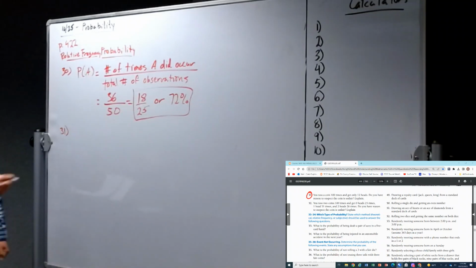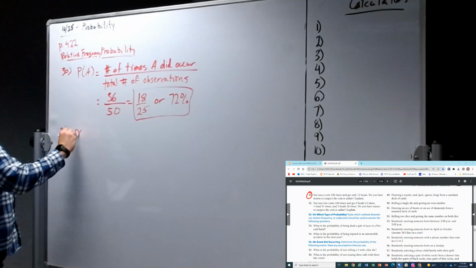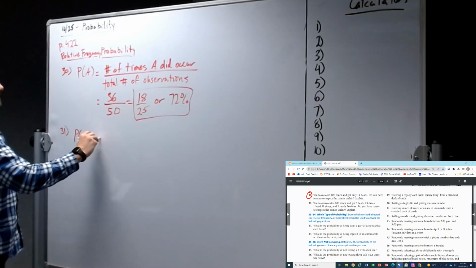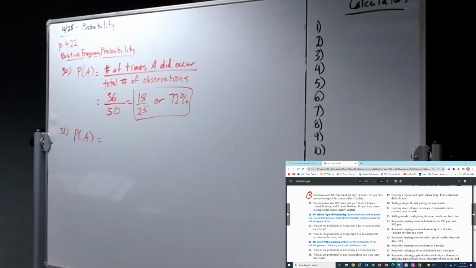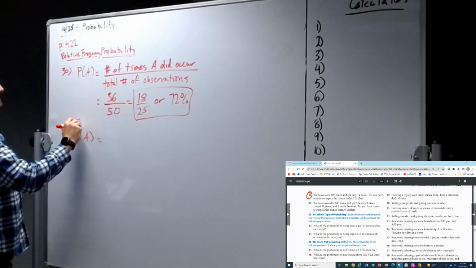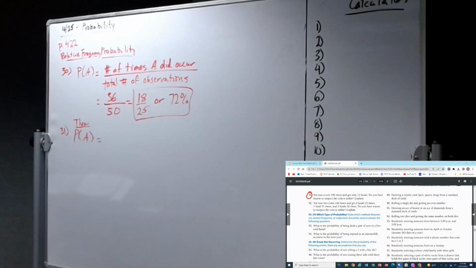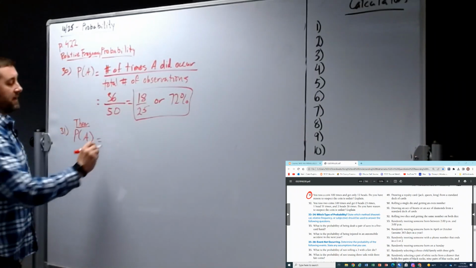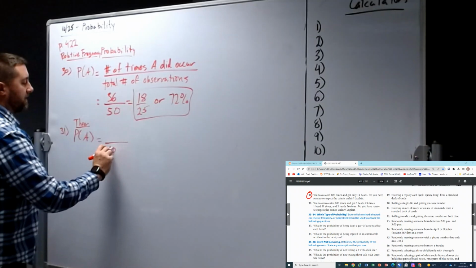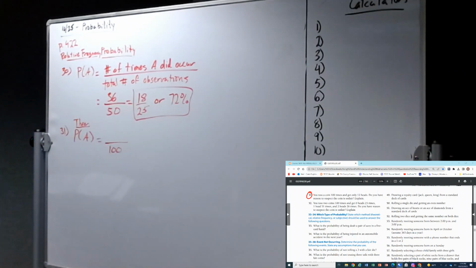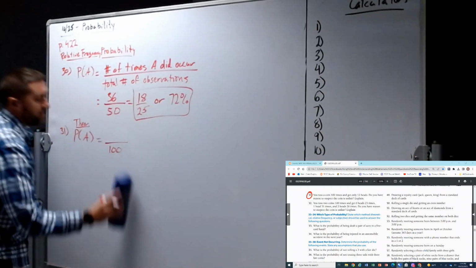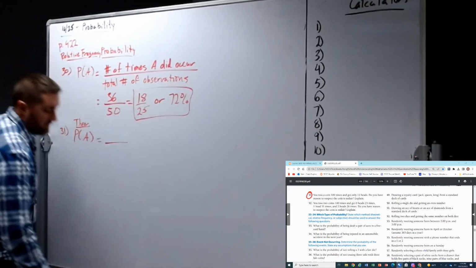Okay, well, let's look at it this way. So the probability of event A, if we're flipping one coin, so let's do the theoretical first.